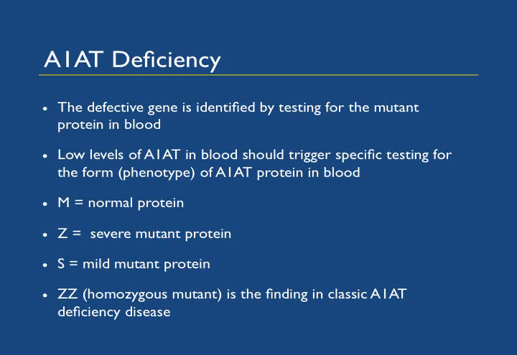Low levels of alpha-1 antitrypsin in blood should trigger specific testing for the form or phenotype of the alpha-1 antitrypsin protein that's found in blood. M indicates the normal protein, Z is the severe mutant protein, and S is a mild mutant protein. The homozygous disease state that results in lung disease and in some patients in cirrhosis is the ZZ homozygous mutation.